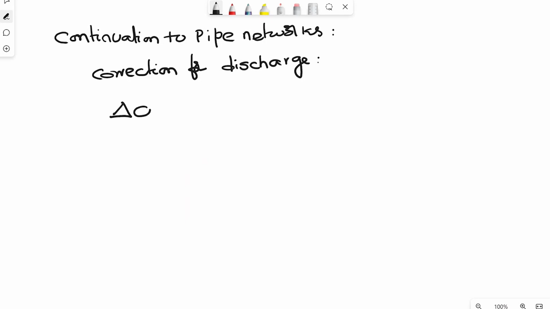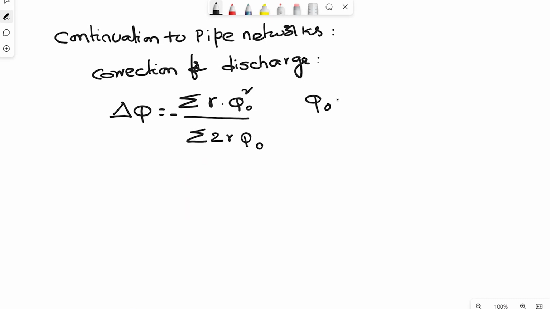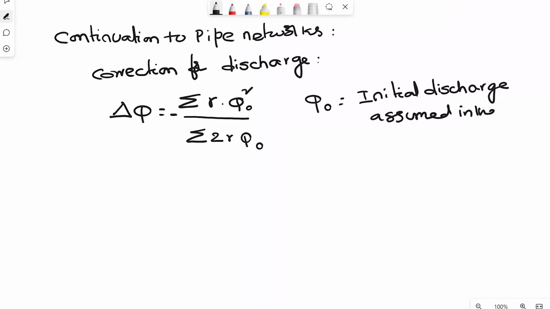This correction for discharge is given by delta Q, which is equal to minus sigma of R Q naught squared divided by sigma of 2 R Q naught, where Q naught is the initial discharge assumed in the pipe.